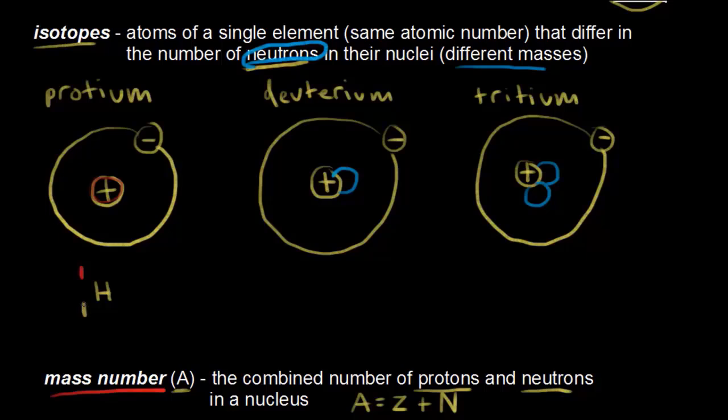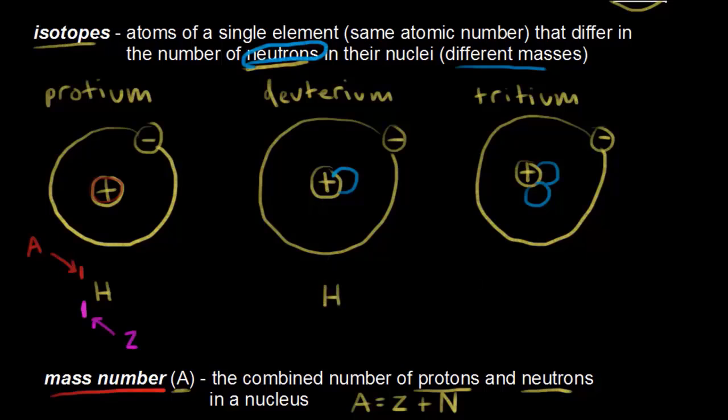Let me use magenta here. So the subscript is the atomic number, and that's Z, and the superscript is the mass number, and that's A. All right, so this symbol represents the protium isotope. So let's draw one for deuterium. It's hydrogen, so we put an H here.